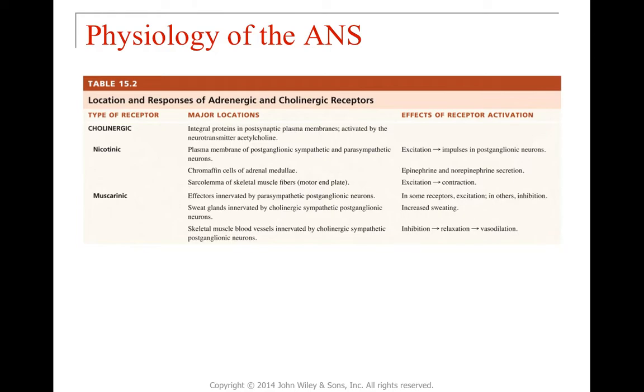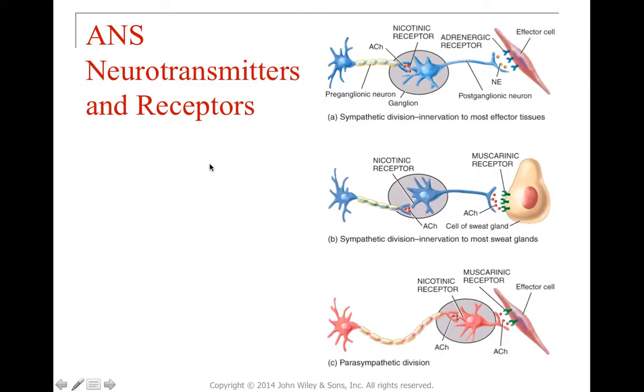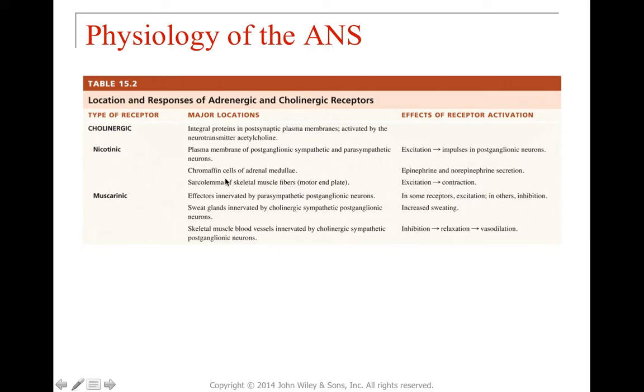All right, so this is just a difference between the 2 major types of receptors. So we have a cholinergic receptor, right? And that cholinergic receptor is going to be one that's going to be picking up acetylcholine, right? And if it is picking it up either in the ganglion itself, in the plasma membrane of the postganglionic sympathetic and parasympathetic neurons, i.e. right here or right here, then it's going to be nicotinic, right?